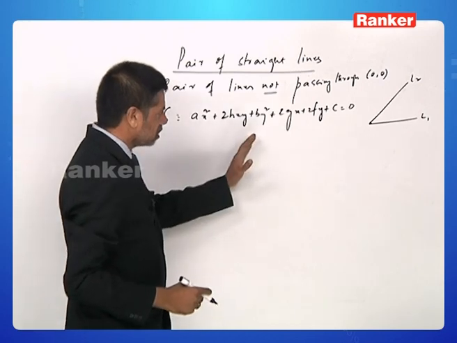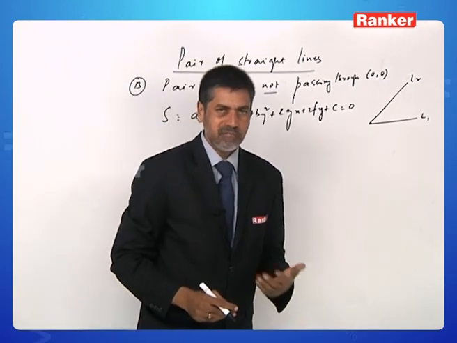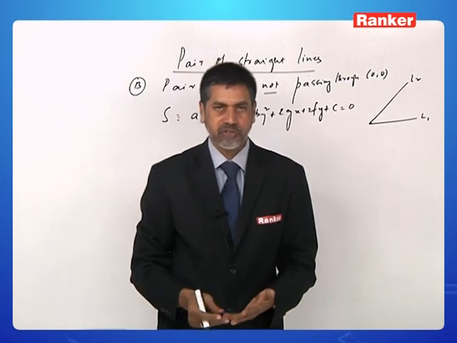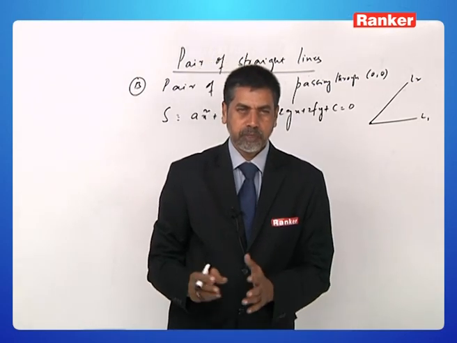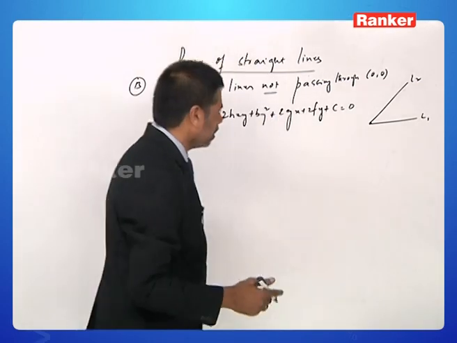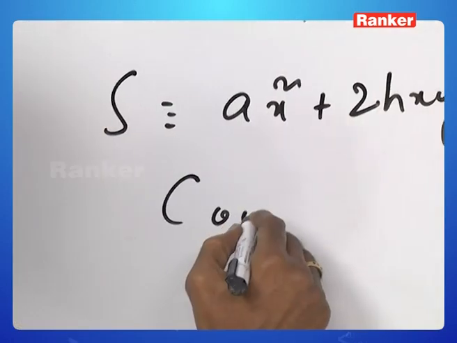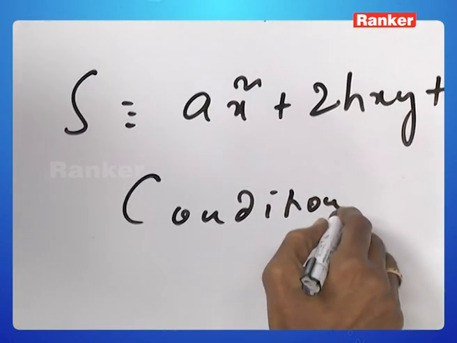In fact, such a generalized equation can represent many things depending upon the relation between coefficients. But this will represent a pair of lines if a certain condition is satisfied.